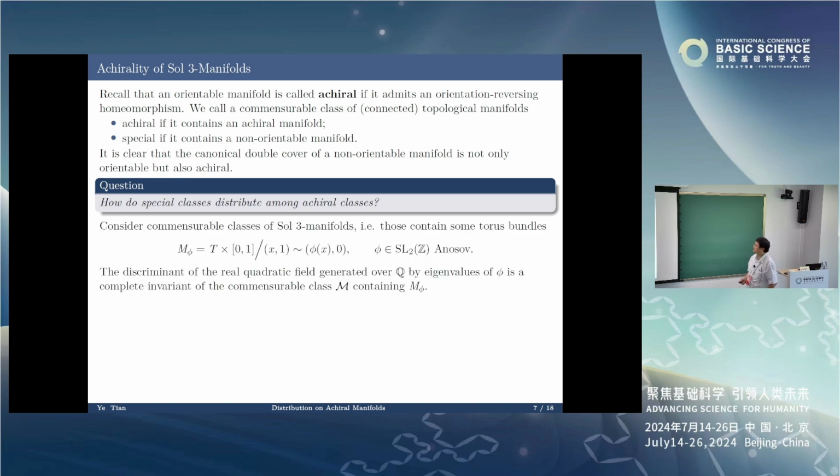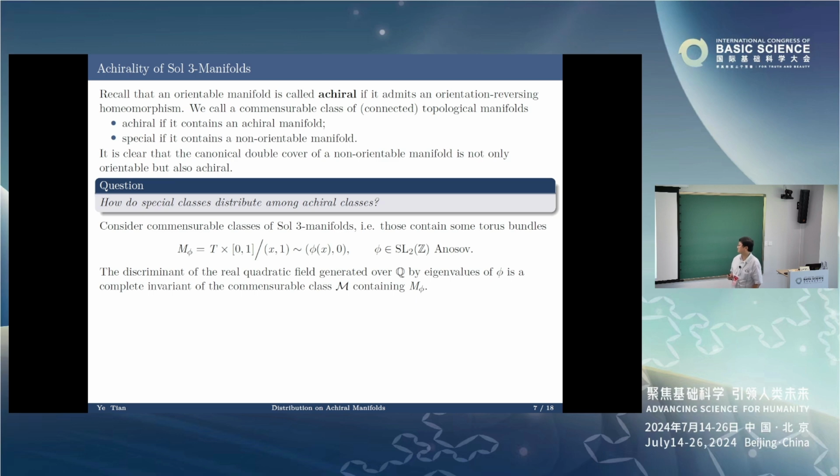So for now, let's focus on this kind of three-dimensional Sol manifold, given by the torus times the interval 0 to 1, with the two boundary components glued by some matrix phi in SL_2(Z).